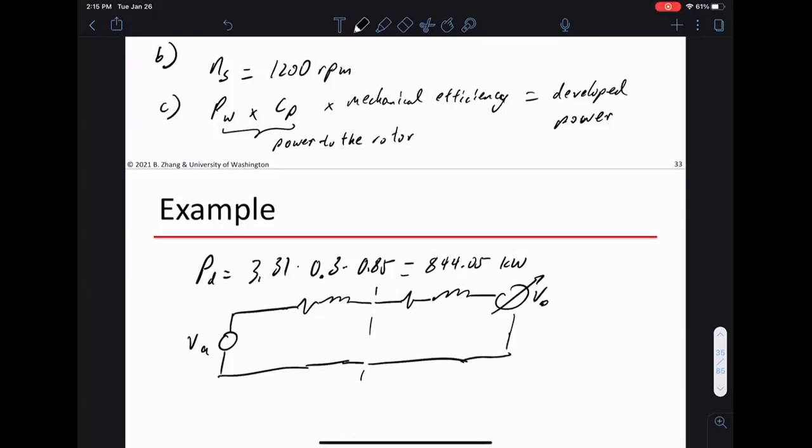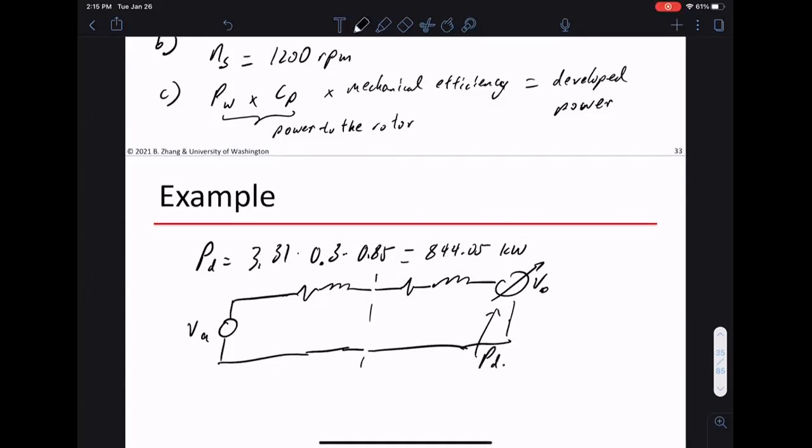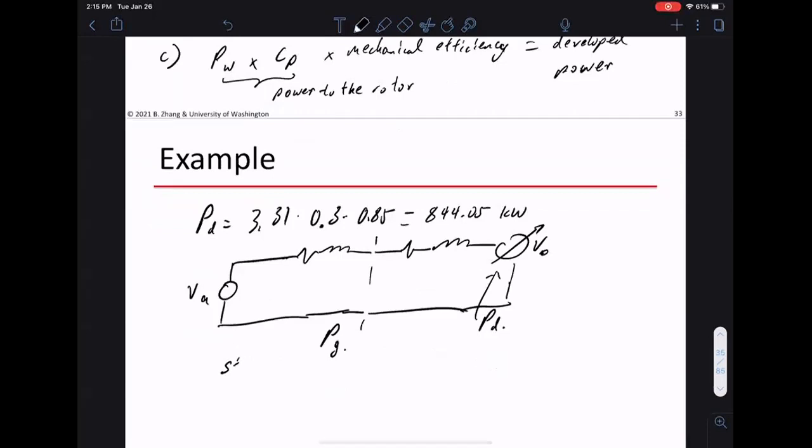I know this developed power, this is PD. Then for the stator power, we want to compute how much of this power gets to here. So this is called the stator power.